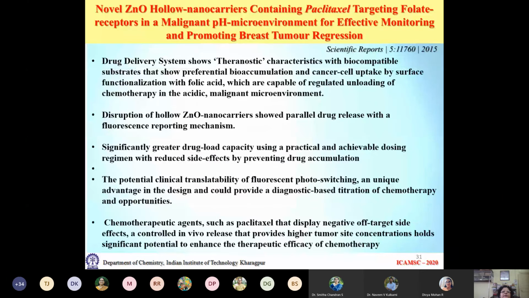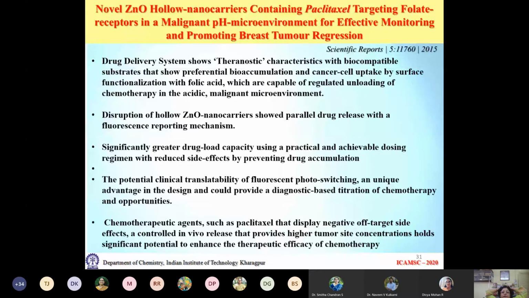And finally, what we have seen is the hollow nanocarriers. We have this drug, paclitaxel, carried in them. We have functionalized it with the folate receptor, and it gives a thorough readout, because we do not need to attach a fluorescent moiety.